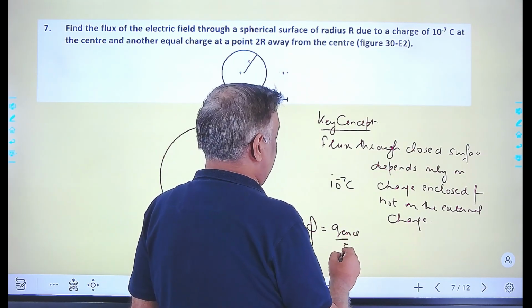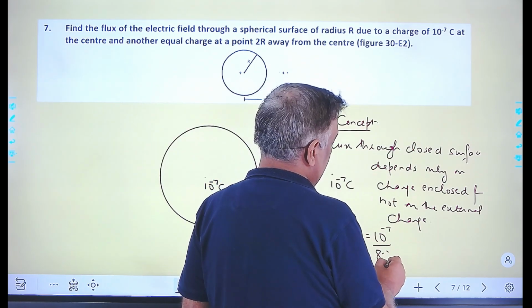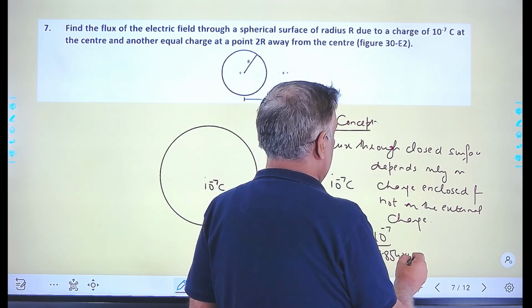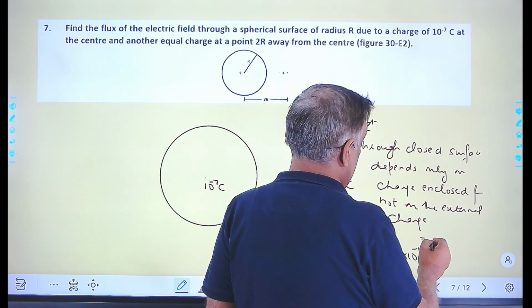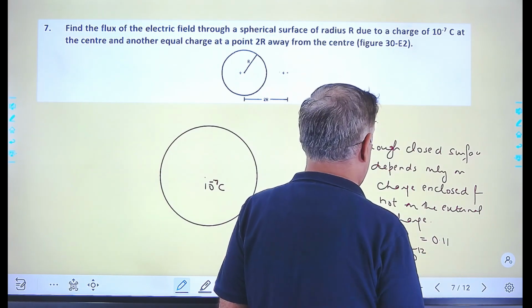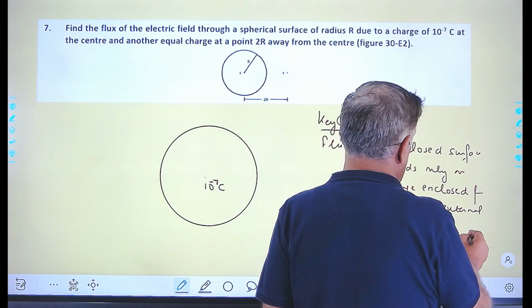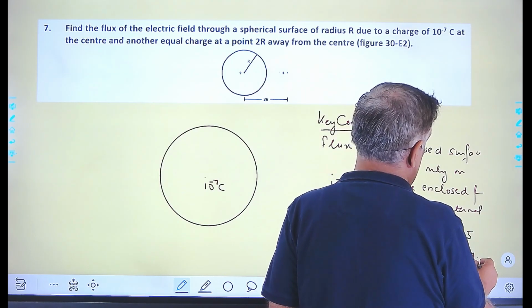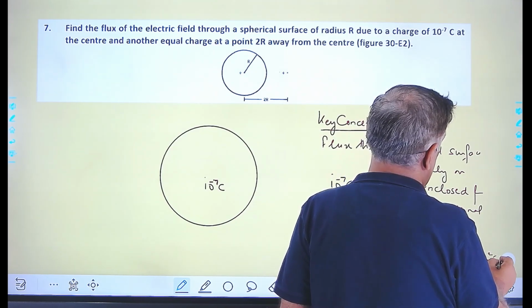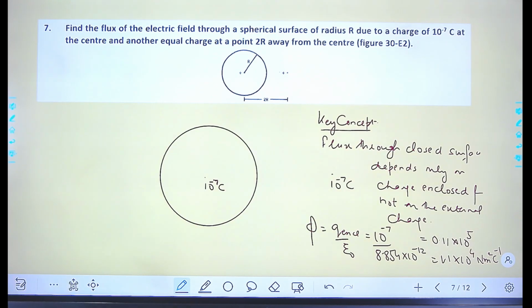So Q enclosed upon epsilon naught and the 10 to the power -7, so 0.11 Newton meters per coulomb. So it depends only on the charge enclosed inside the Gaussian surface.